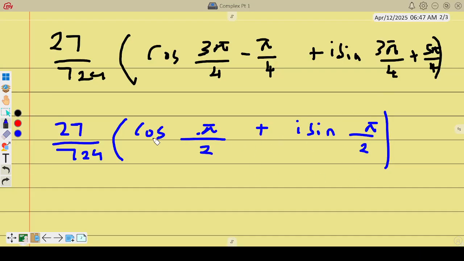So here cos pi over 2, it's 90. So what is cos 90? If you count the number of items above 90, we have 0 items above 90. So the whole lot of this should give us 0.